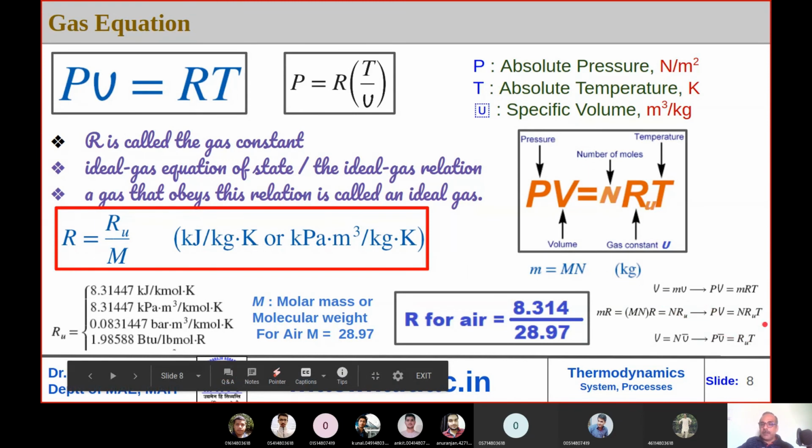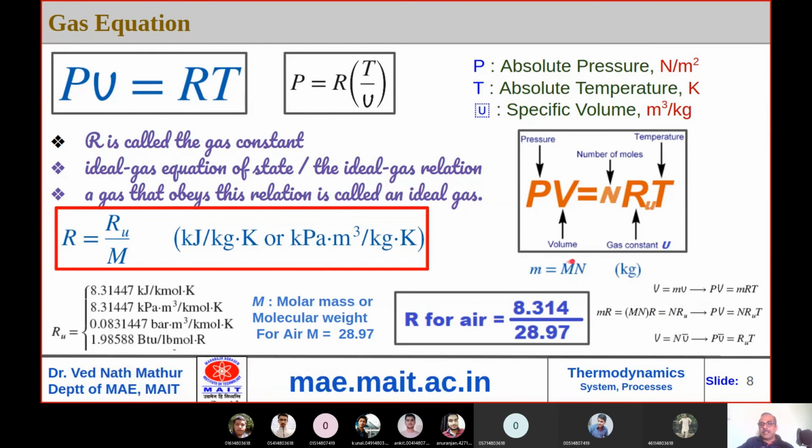Because the mass of the gas can be written as molecular weight into number of moles. Molecular weight is defined as kg per kg mole of the gas or of the fluid. So m, that is kg, is equal to M, that is kg per kg mole, multiplied by n. n is the kg mole.